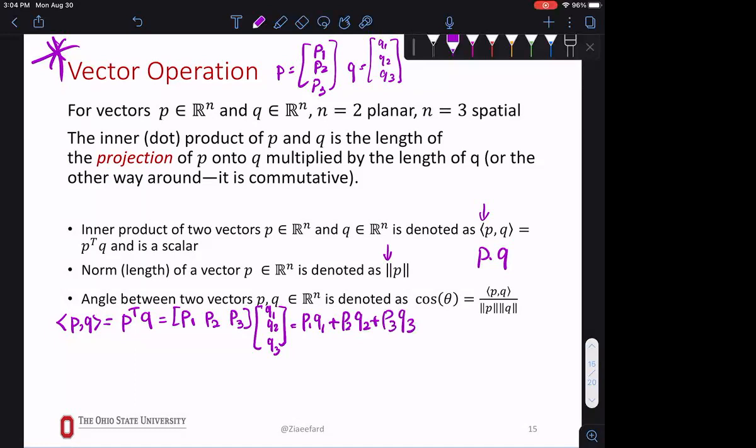Now we also know the angle between the two. So P dot Q is also length of P, length of Q, cosine of theta. This is the projection of one vector on the other. Now, if theta is 90 degrees, pi over 2, what's the inner product of those two vectors?